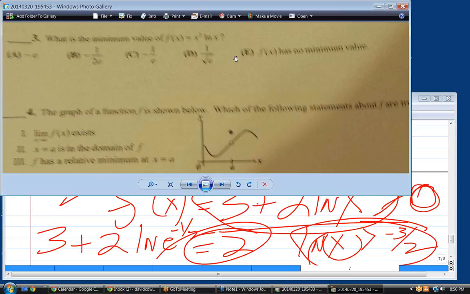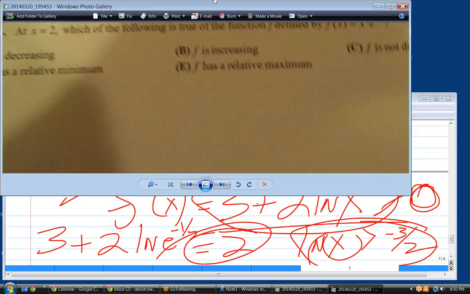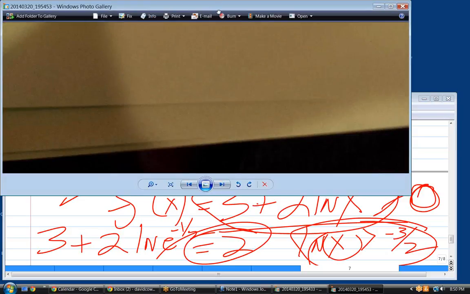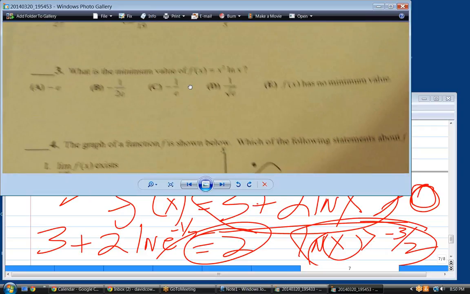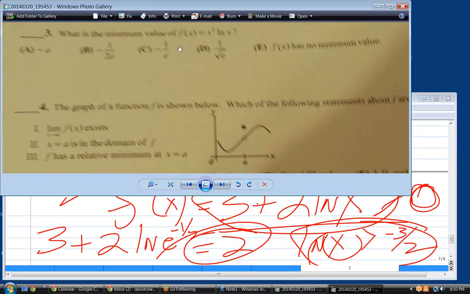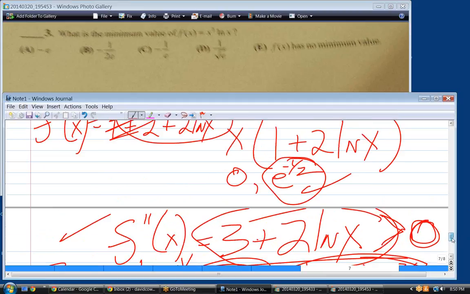So is D the right answer for 3? No, it's B for 3. Did I do my math right? I think I forgot to divide by, oh no, hold on.